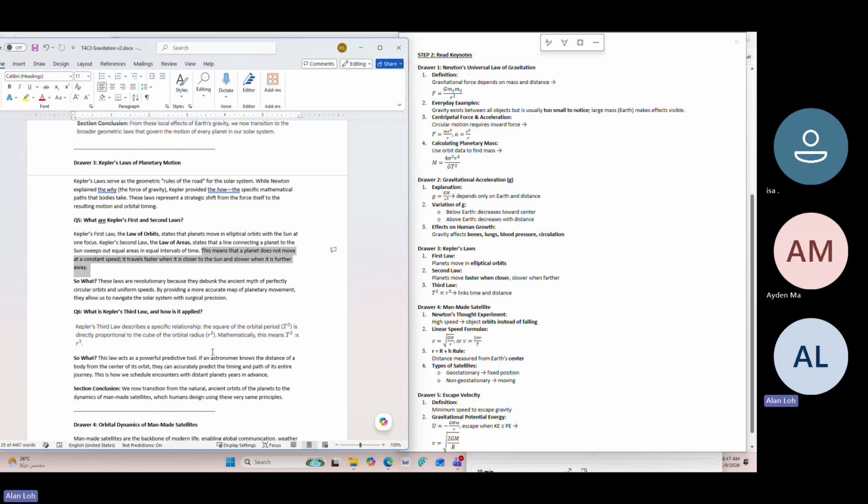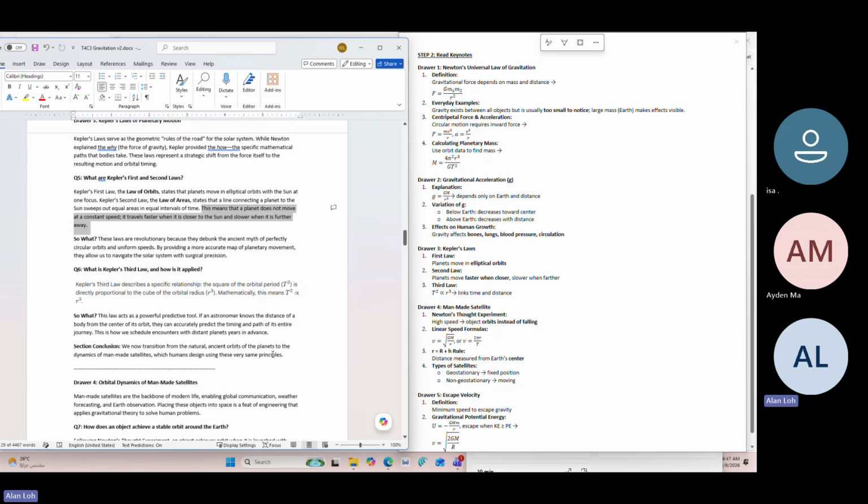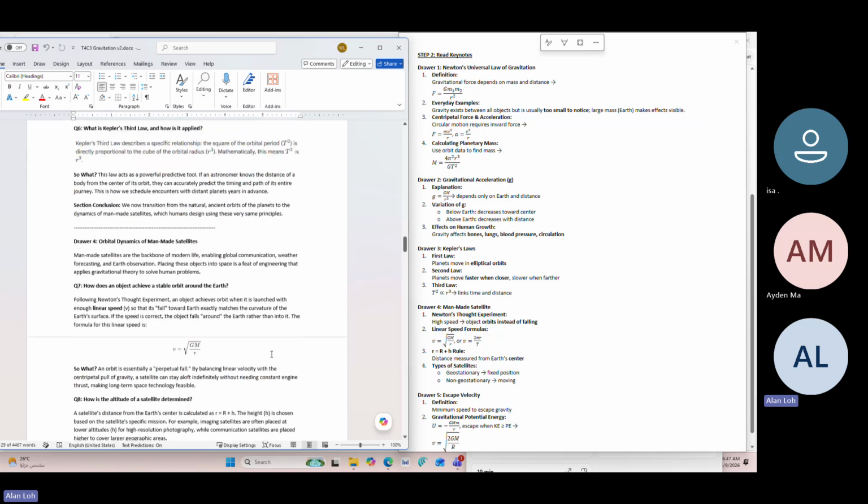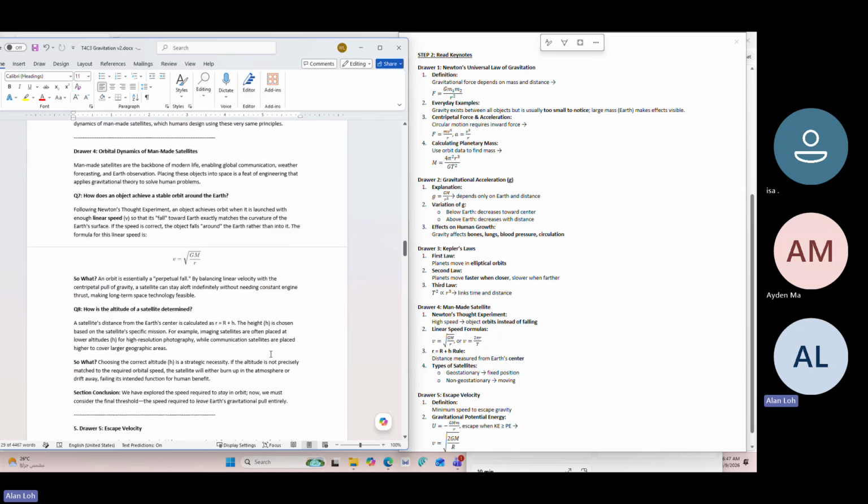For planets that are further away from us, some of them take hundreds of years or tens of years from the definition of Earth to complete 1 year, because they are further away, right? And that's the relationship. I hope your drawer 3 understanding now improves to level 4.